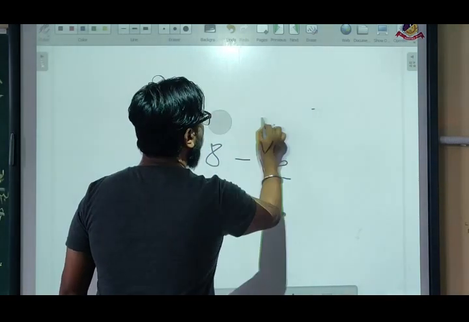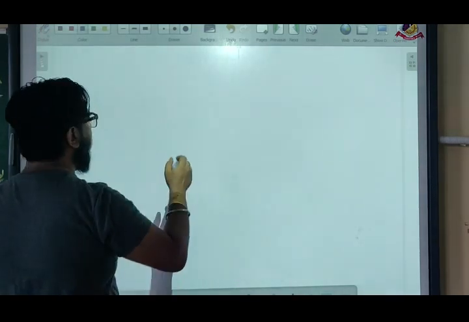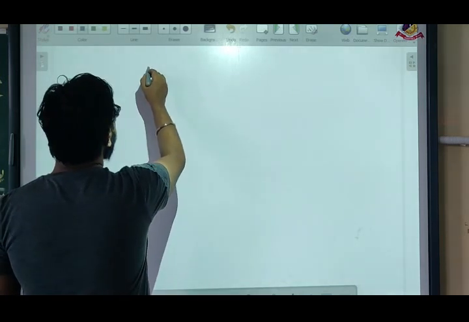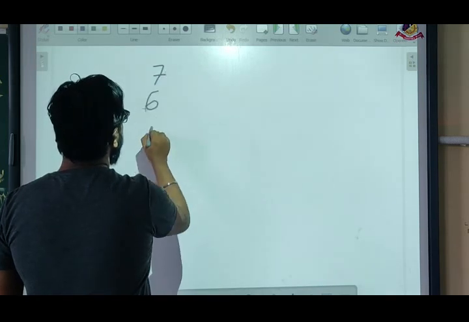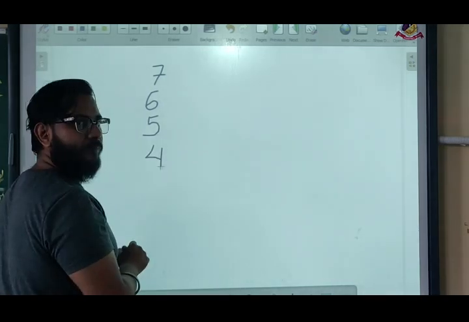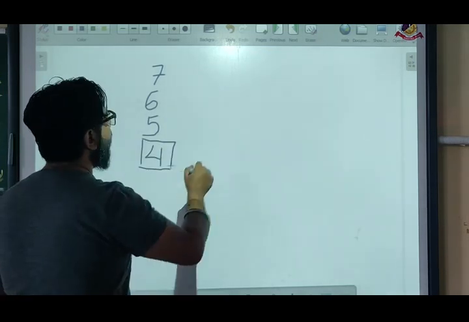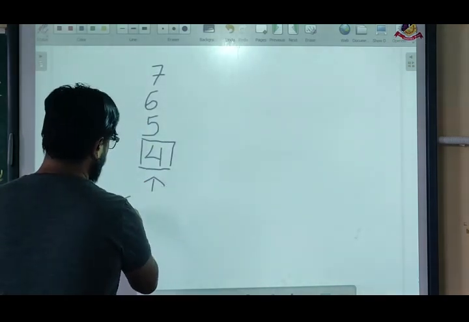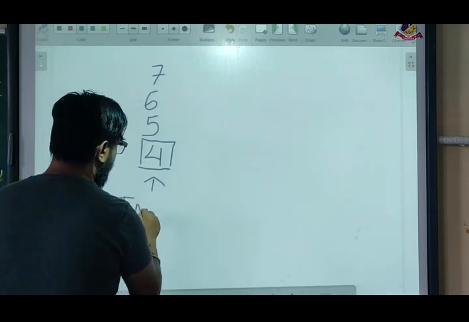Okay, so what are the elements which give the electron? Elements which has 7, 6, 5, sometimes even 4, they take the electrons.